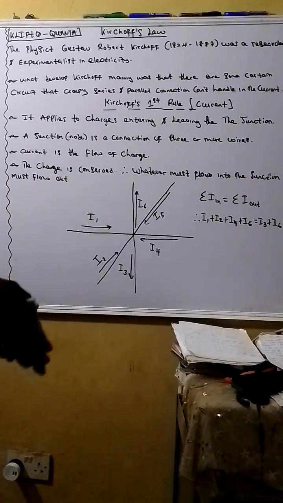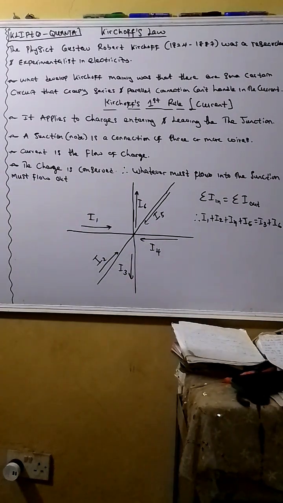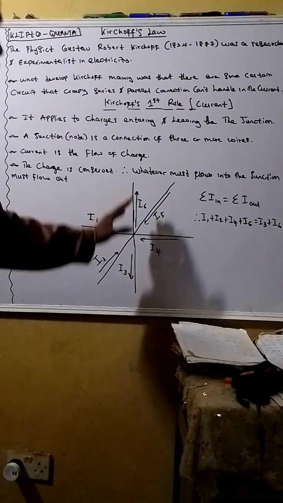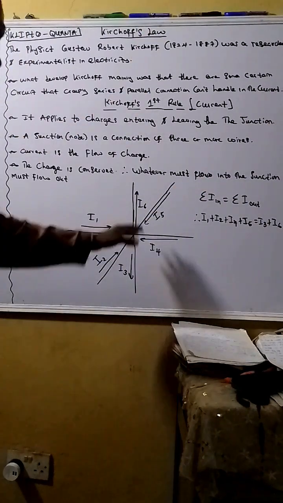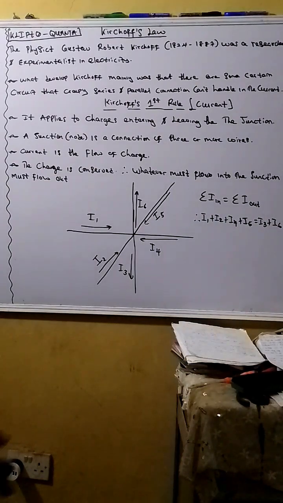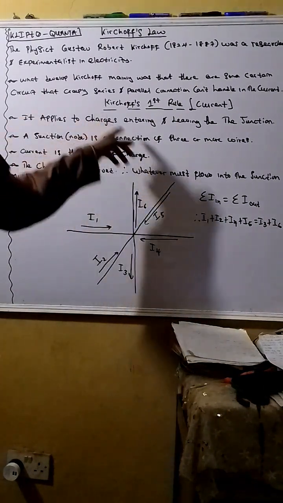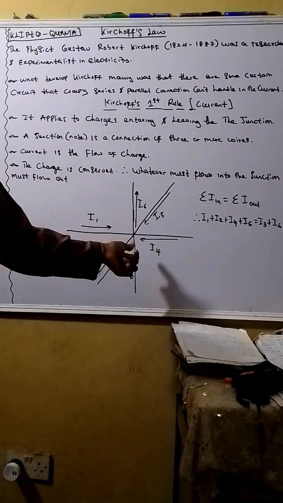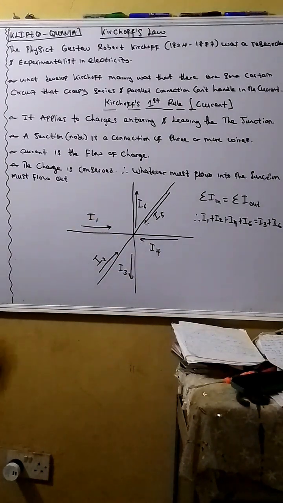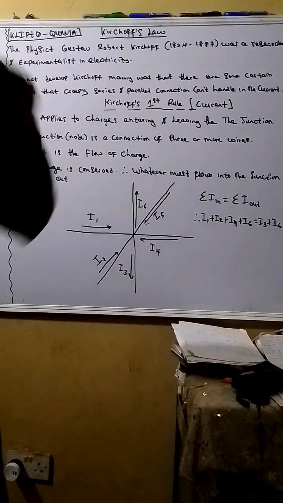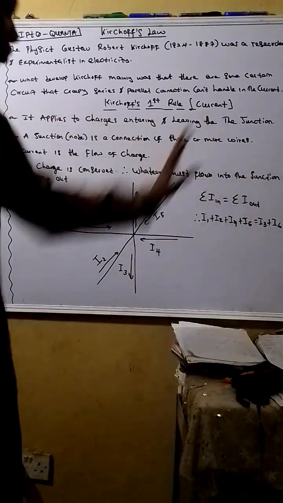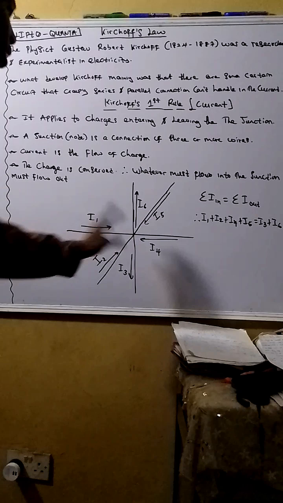A junction is a point where currents meet, or a point where current enters or leaves. We can call it a junction or a node. A junction is a connection of three or more wires.